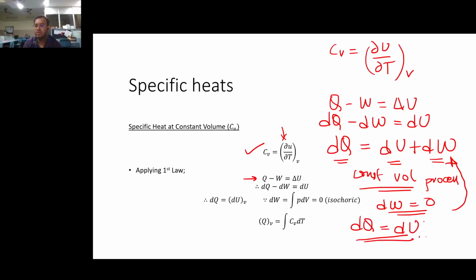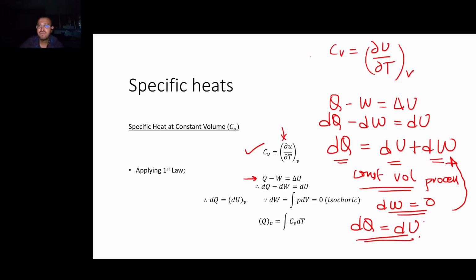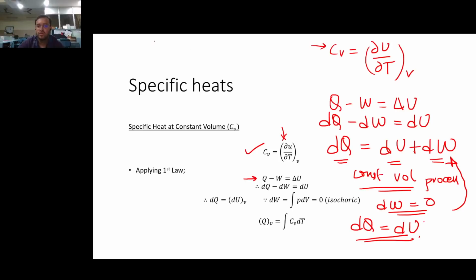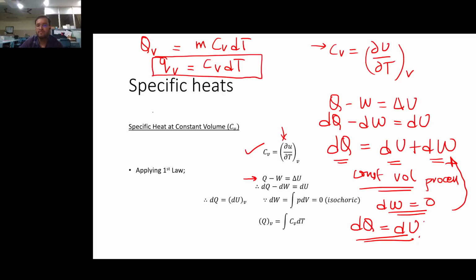Using this equation, Q, the heat supplied at constant volume, is equal to mCv dT, or in specific form, Cv dT. This is the expression for heating at constant volume.